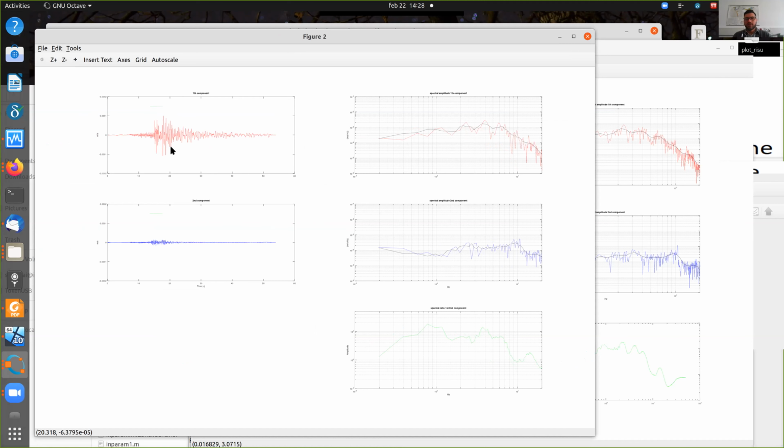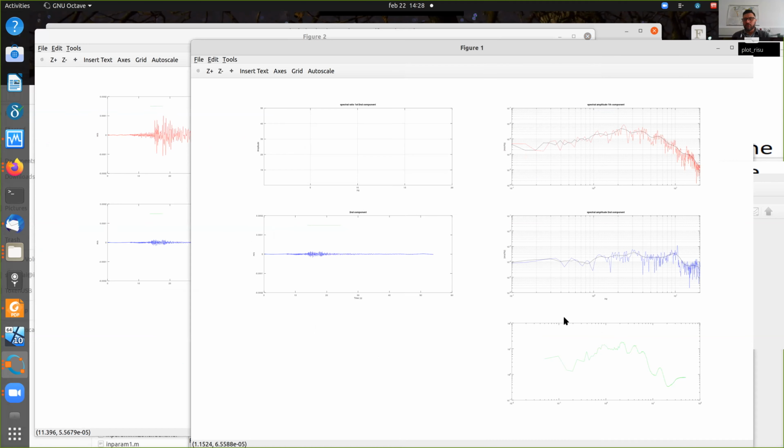But if we do this, the window is too short to provide us information also relevant to the resonance frequency, because in this case, the resonance frequency is quite a low frequency. If we want to go to this low frequency, we have to extend the window of signal like we have done here. So we take a much longer part of signal.